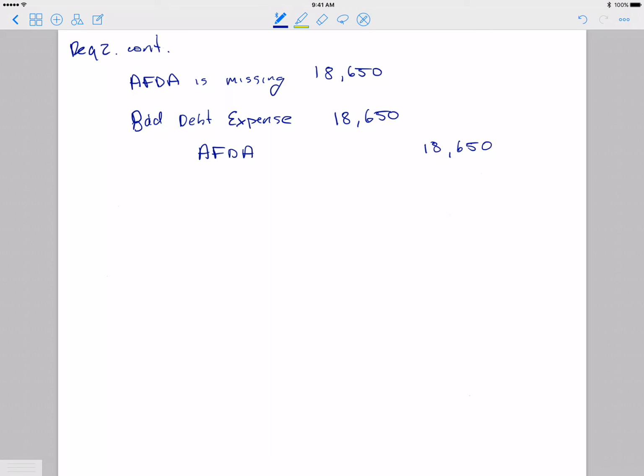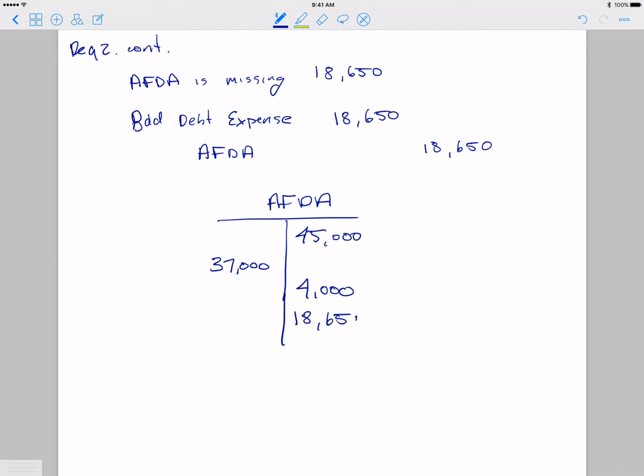$18,650. And if we finally recreate our allowance for doubtful accounts to make sure we've done everything right, we'll be able to see if everything balances. So we started with $45,000, wrote off $37,000, recollected $4,000, and as we just saw, added another $18,650 to be able to reach our $30,650.